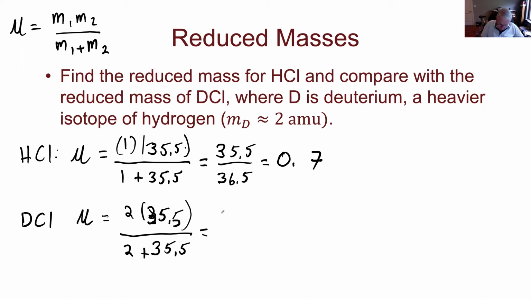That one's going to be equal to 71 over 37.5, which is equal to about 1.89.